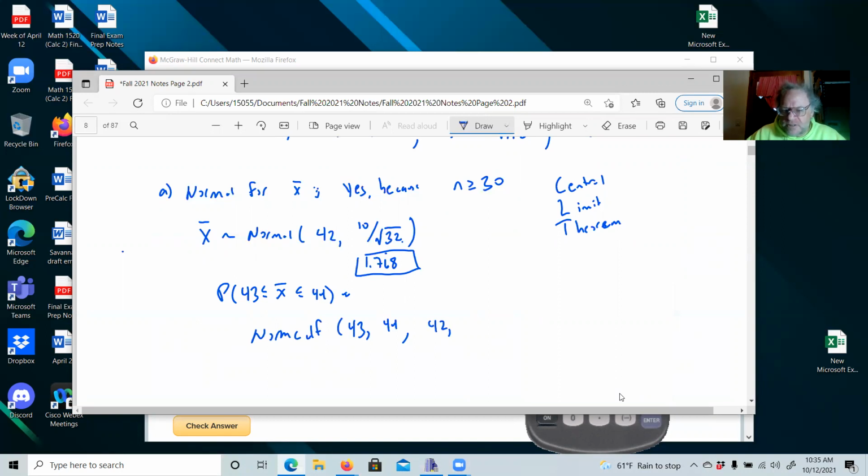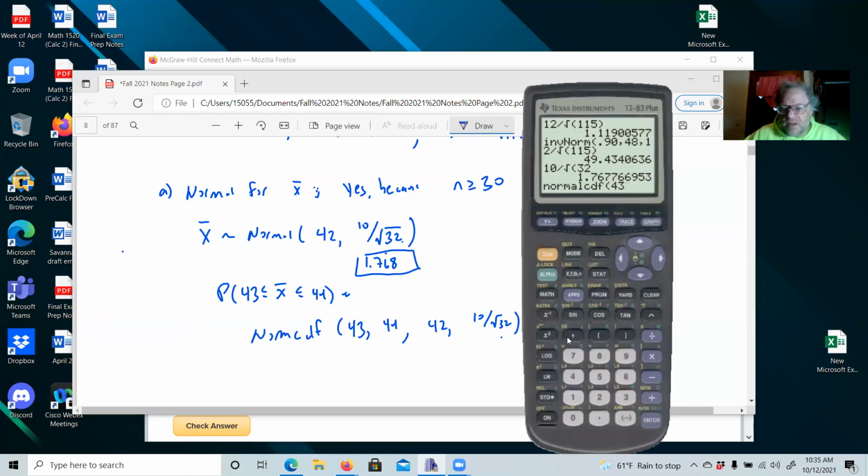And our standard deviation is going to be 10 over the square root of 32. You can enter that, and it'll say that's fine. So 43, 44, 42: min, max, average. And then we have 10 divided by the square root of 32. Go ahead and do that.